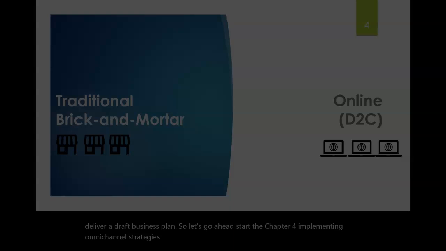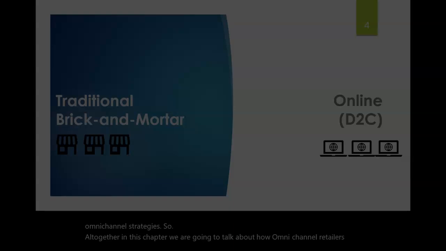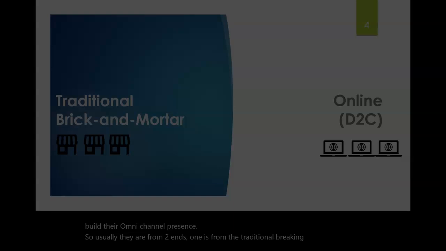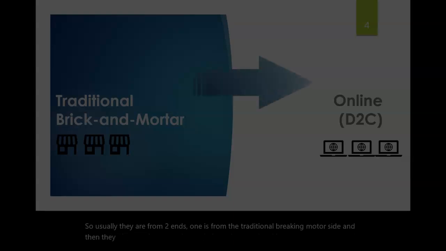Altogether in this chapter, we are going to talk about how omnichannel retailers build their omnichannel presence. Usually they come from 2 ends. One is from the traditional brick and mortar side, and then they gradually integrate online presence like a website, apps, and social media accounts.